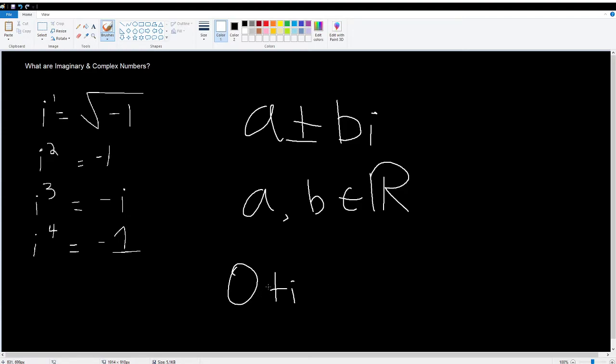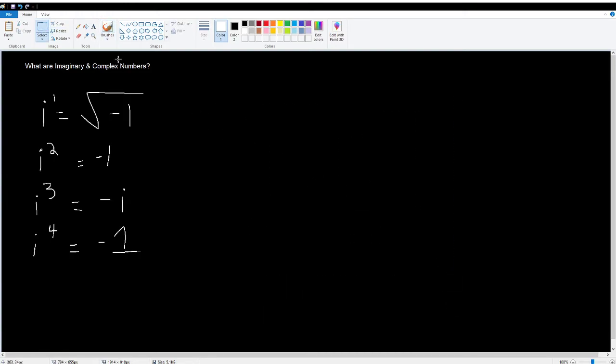So if you really think about it, all imaginary numbers are complex numbers, right? But not all complex numbers are imaginary, because imaginary simply implies that it's a real number multiplied by i. Okay. So there are a few applications of i.